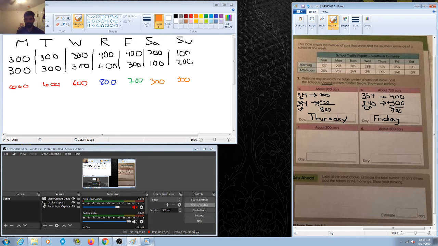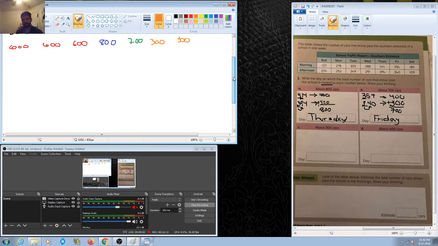So what we're going to do now is round to the nearest 10. I'm going to scroll down a little bit here, and we'll look at those two values in more detail. So we have Saturday and we have Sunday, but again, I'm going to round to the nearest 10 for this.